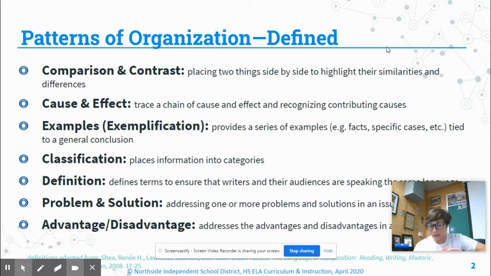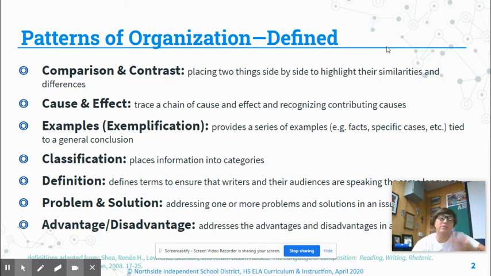The next type is examples or exemplification. So in this type of organization, it provides a series of examples, facts, specific cases tied to a general conclusion. So just think of it like this. The writer makes a point, and then they use several examples, okay, to prove their points.